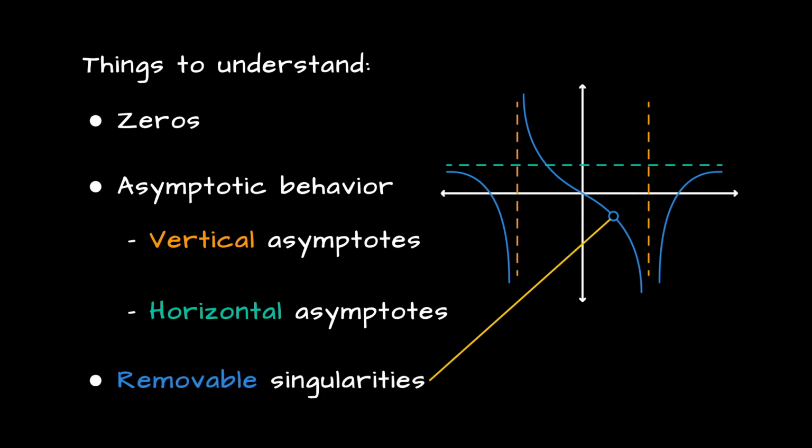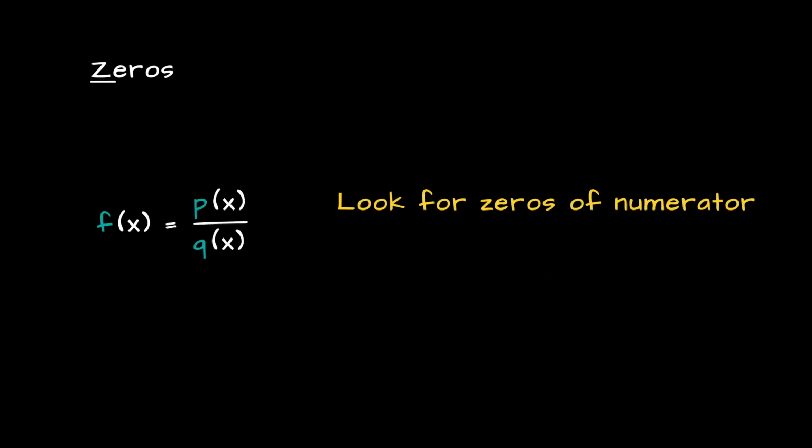And finally, there's one other feature that we didn't have on our original list, and that's the so-called removable singularity of the rational function. And it corresponds in our picture to this sort of hole that we've drawn in the graph. A removable singularity is a point at which a rational function is not defined, but where it does not have a vertical asymptote.